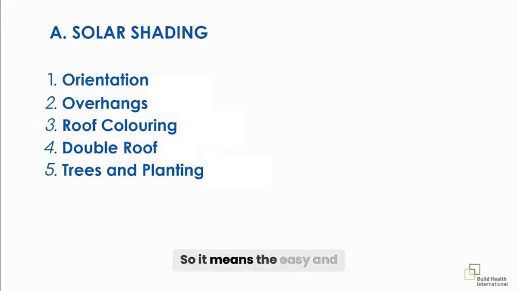The easy and affordable way to control this is not extensive wall insulation, but shading. Because humidity is not an issue, when someone is sitting in the shade, the sun is no longer an issue.